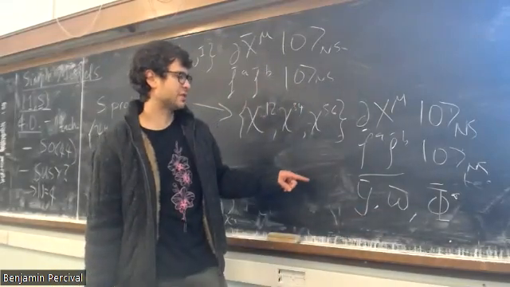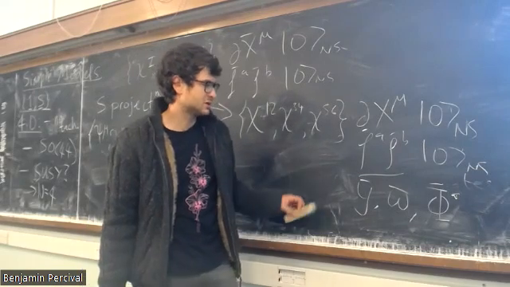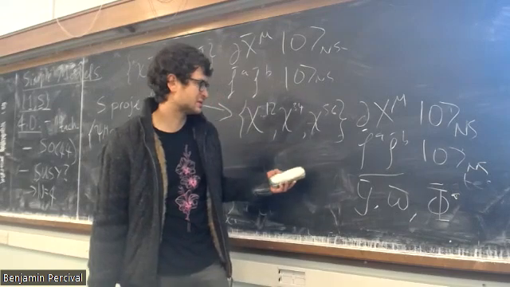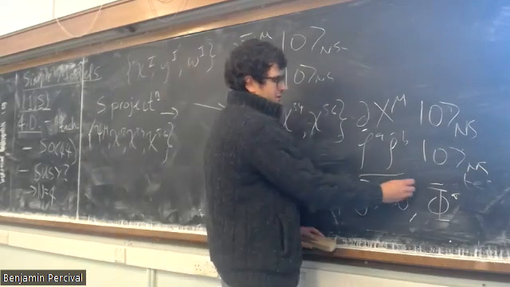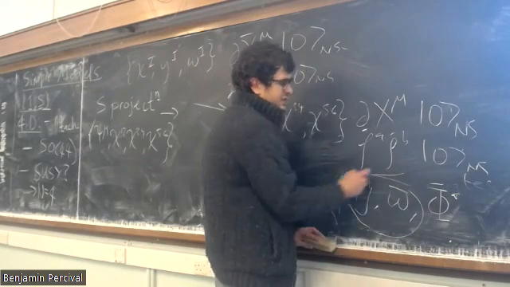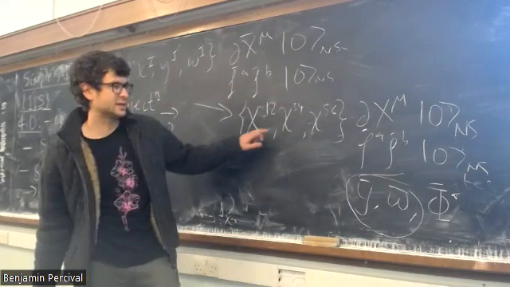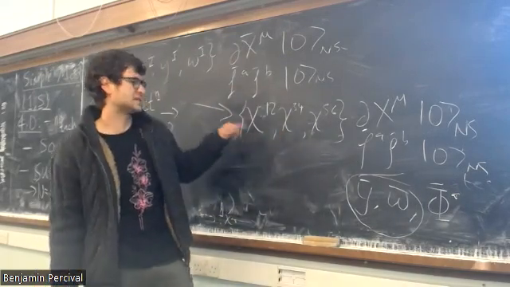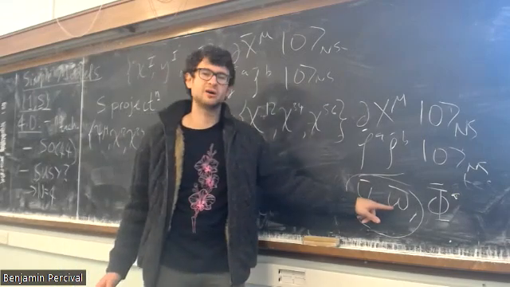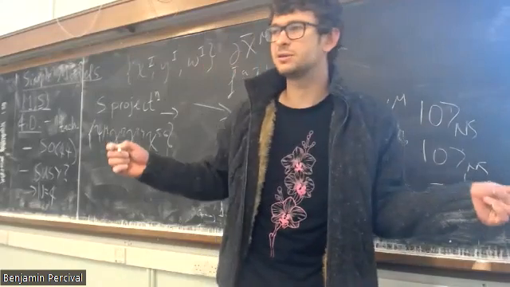Something that's important here is that for these states, if these are the oscillators with chi as the other oscillator, so states like chi with a Y bar and a W bar, these will be like scalars.